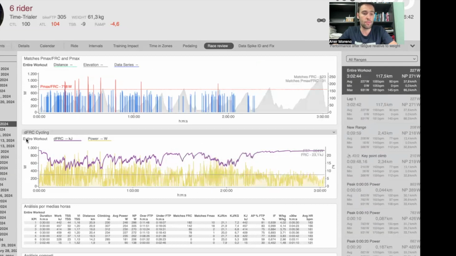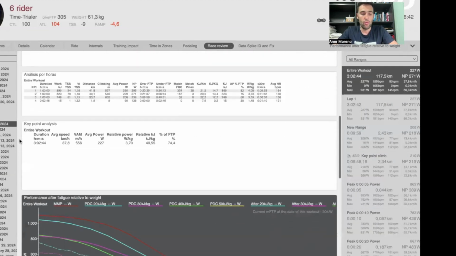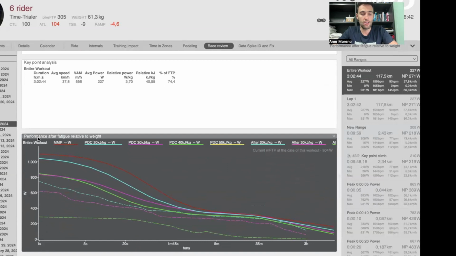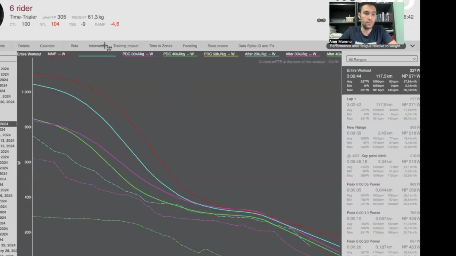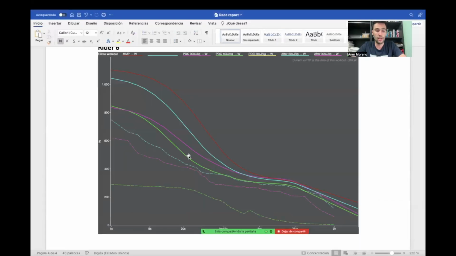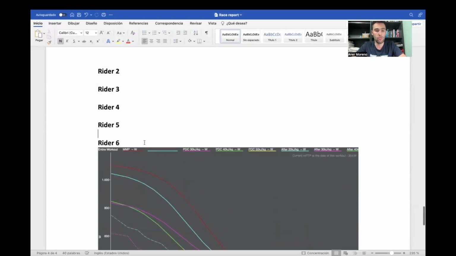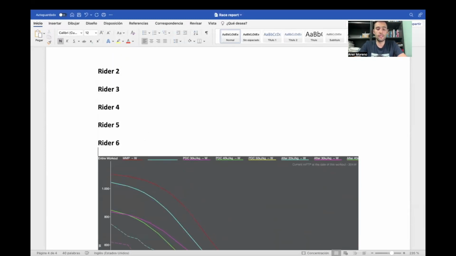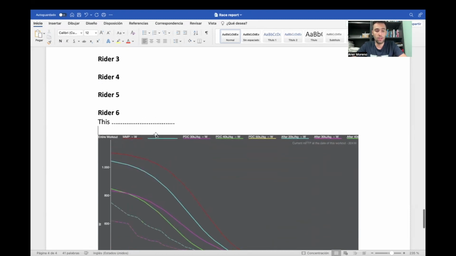Maybe the analysis we can make is that he has to work more on fatigue and try to improve those aspects of the race. For that, we can make this screenshot. This was rider 6, and we can write the analysis right here.